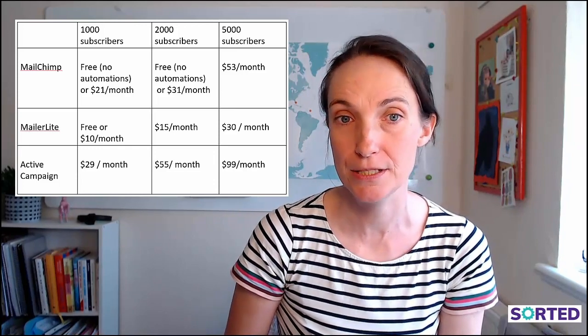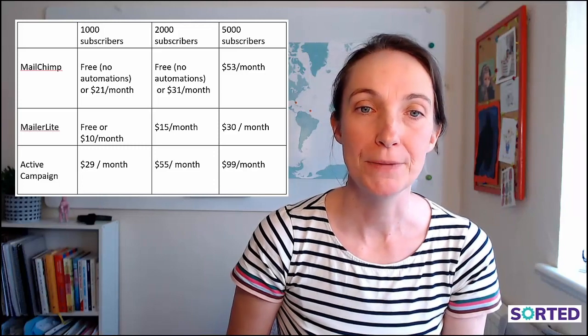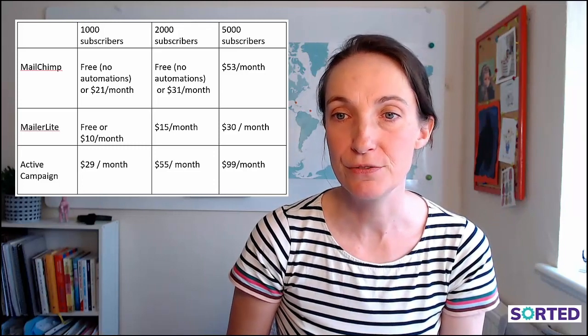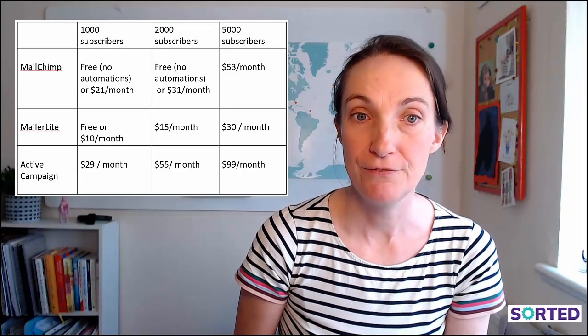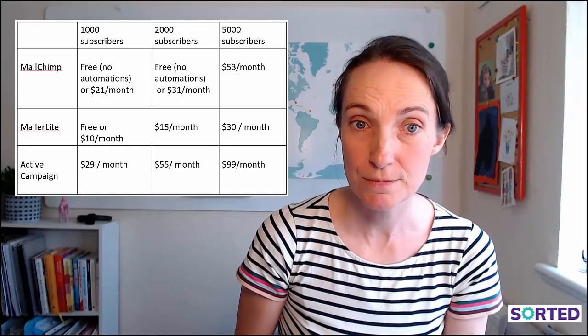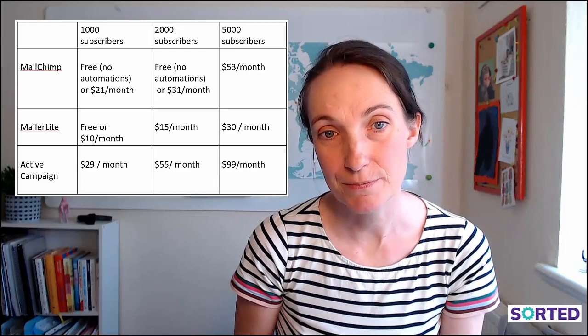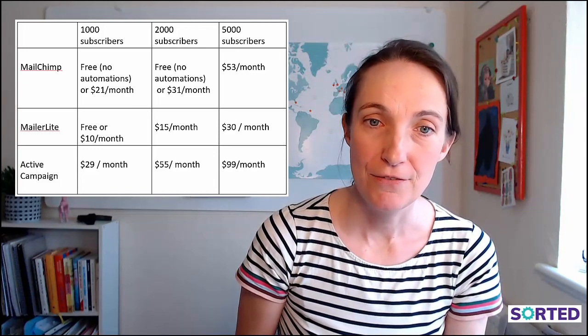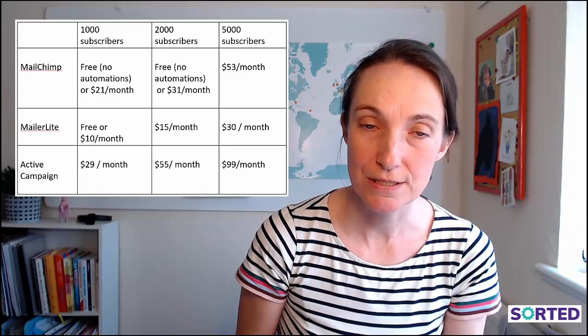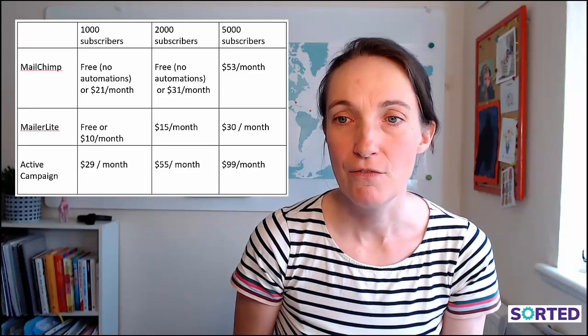Otherwise, we're looking at $31 a month, and then rising to $53 a month for 5,000 subscribers. MailerLite, $15 a month for 2,000 subscribers and $30 a month for 5,000 subscribers. ActiveCampaign, $55 for the 2,000 and $99 for the 5,000.